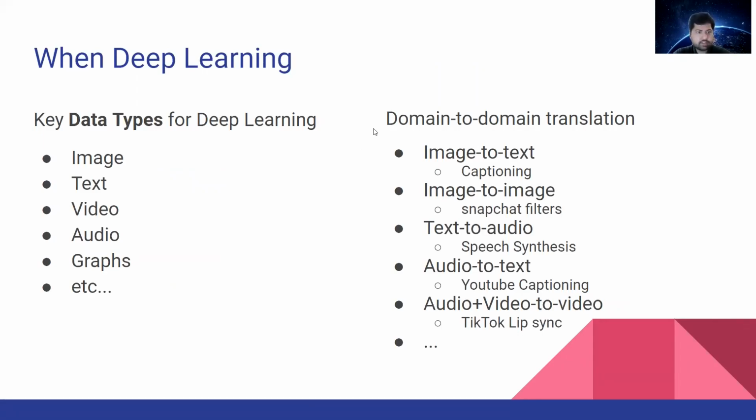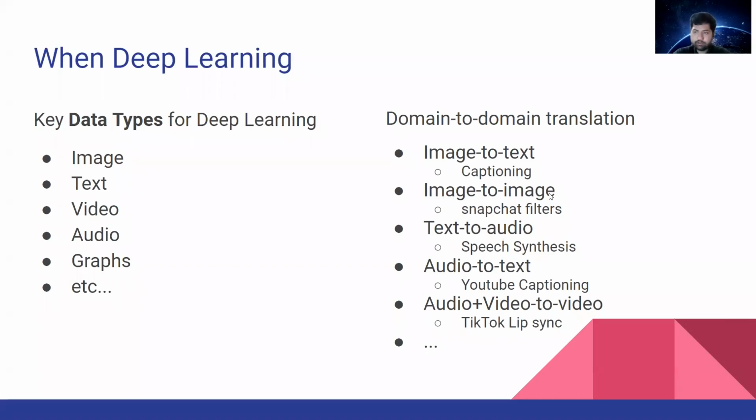The key data types on which deep learning operates are images, text, audio, and graphs. If you are working with these data types, then it's recommended to go with deep learning. This also applies to any cross of these domains. For example, image to text, an example of which would be captioning.